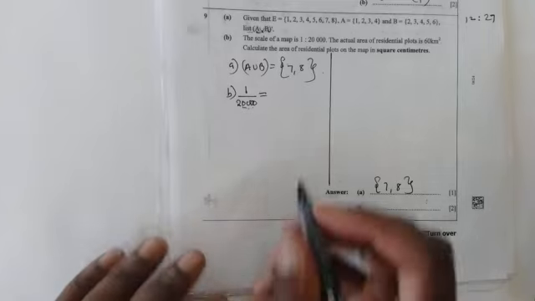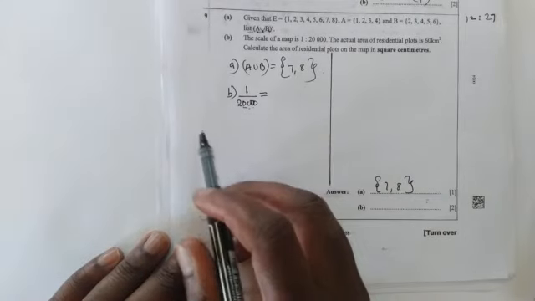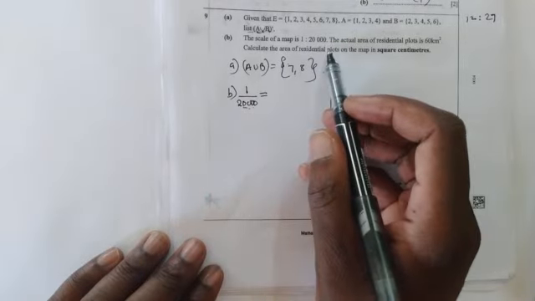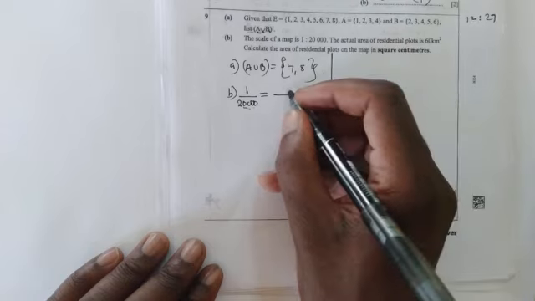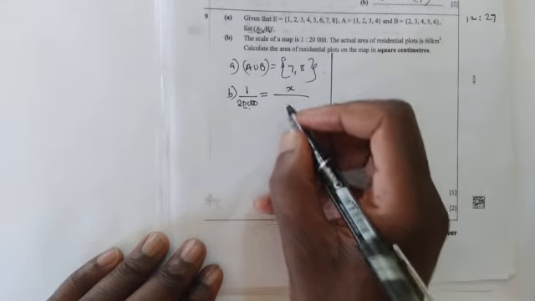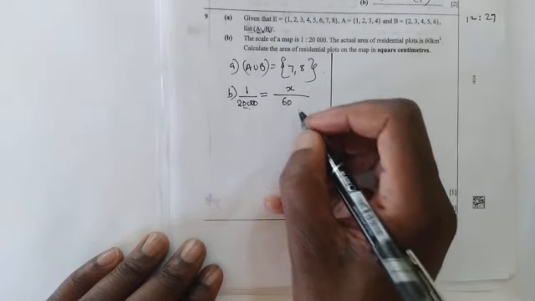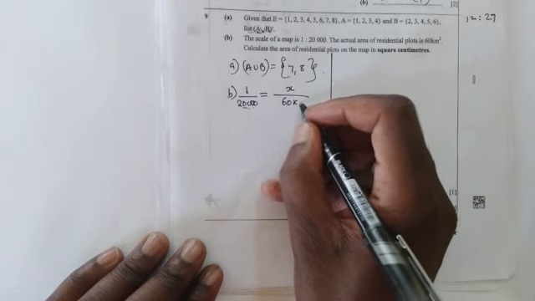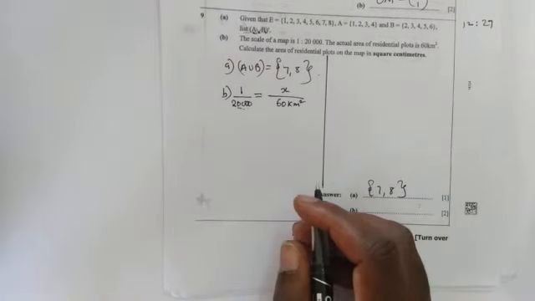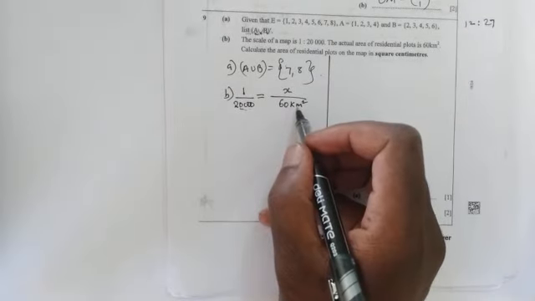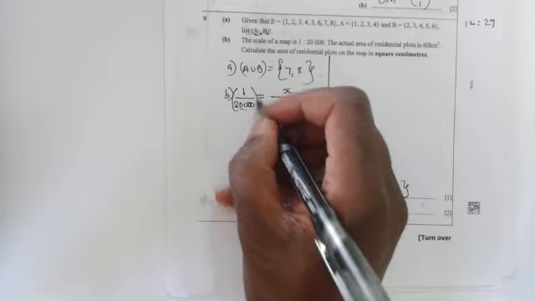Then the question is calculate the area of a residential plot on the map. So here we have, this is what we want on the map, and this is given as 60 kilometers squared. So the task that we have here is this, since this part is squared, then we have to square this side also.